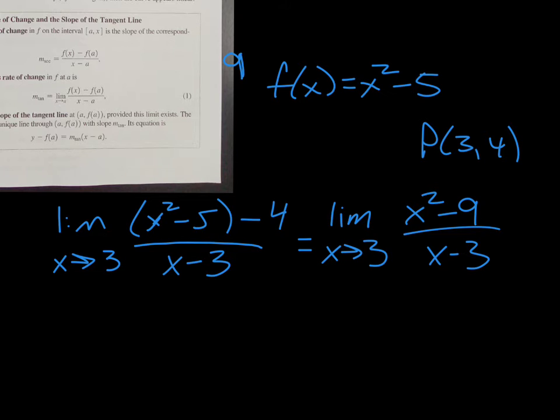So now we have to use our factoring rules. That's x plus 3, x minus 3. Since I'm running out of a little bit of room, is it okay if I just write it like this? So then we're left with x plus 3.